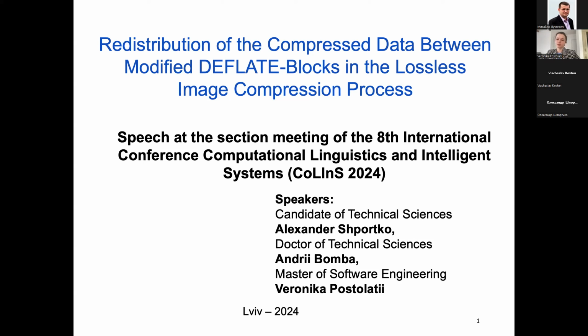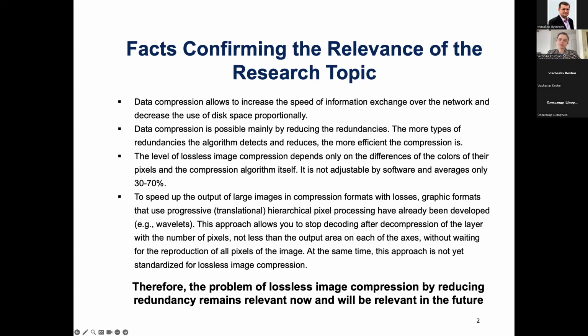Okay, dear colleagues, today we're going to present you research on the following topic: redistribution of the compressed data between modified deflate blocks in the lossless image compression process. Today, files transmitted by communication channels most often contain data of one of four main types: text, images, videos, and sound.